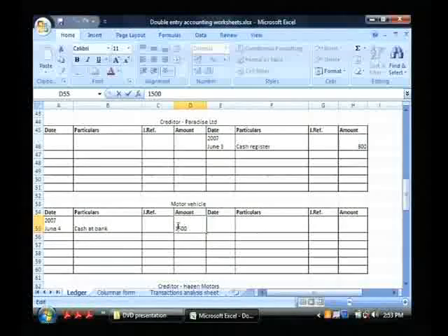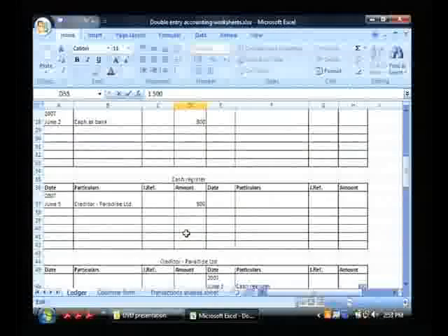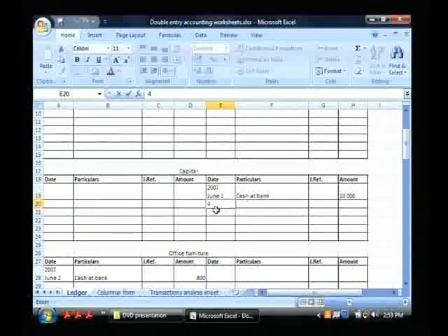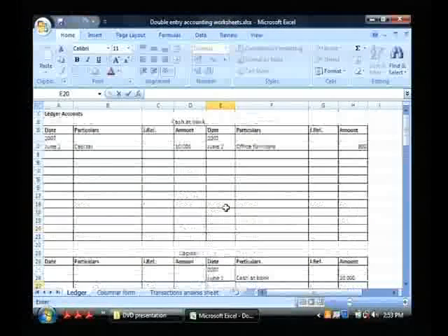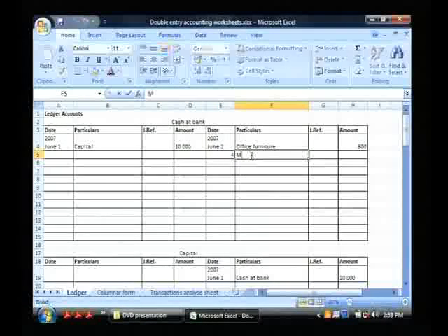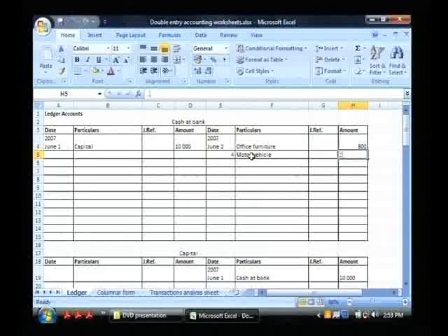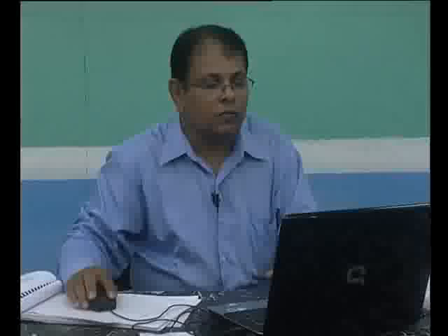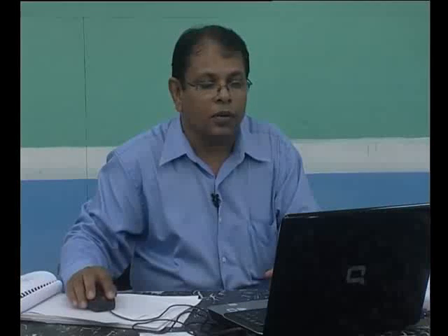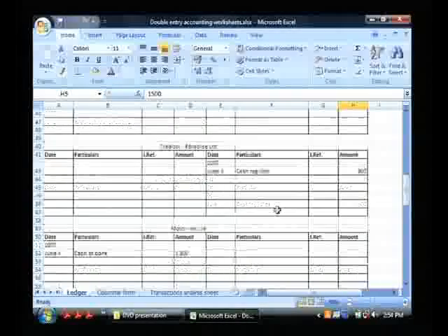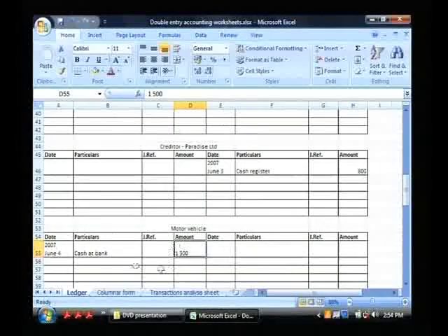Cash at bank credit 1,500, date 4th here, sorry, go to the cash at bank account, date 4, and motor vehicle. Amount is 1,500. 1,500 paid, therefore cash at bank account credit, and here motor vehicle debit.